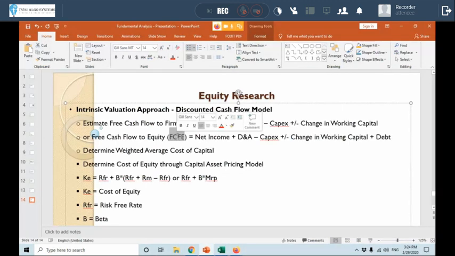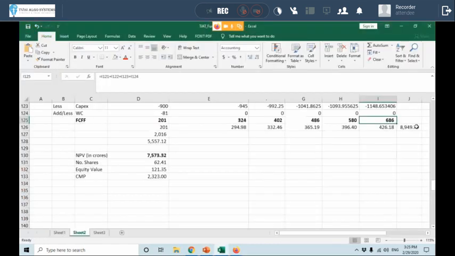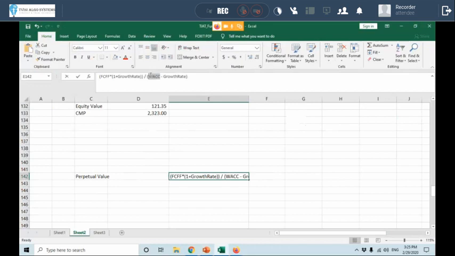Now, determining weighted average cost of capital. Let us determine what this WACC is.